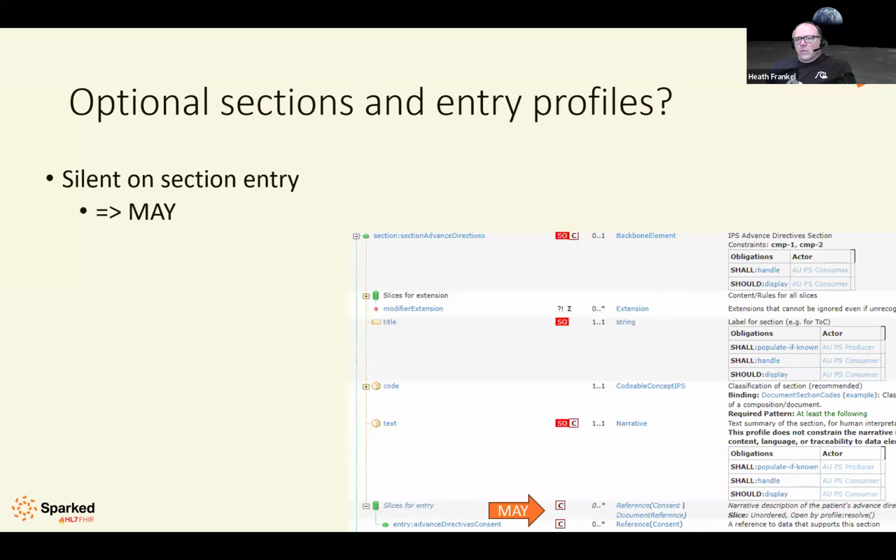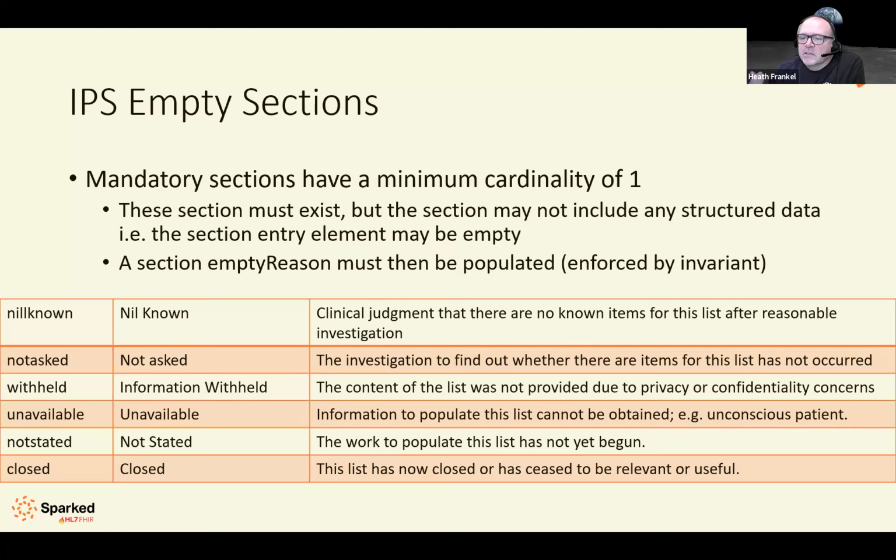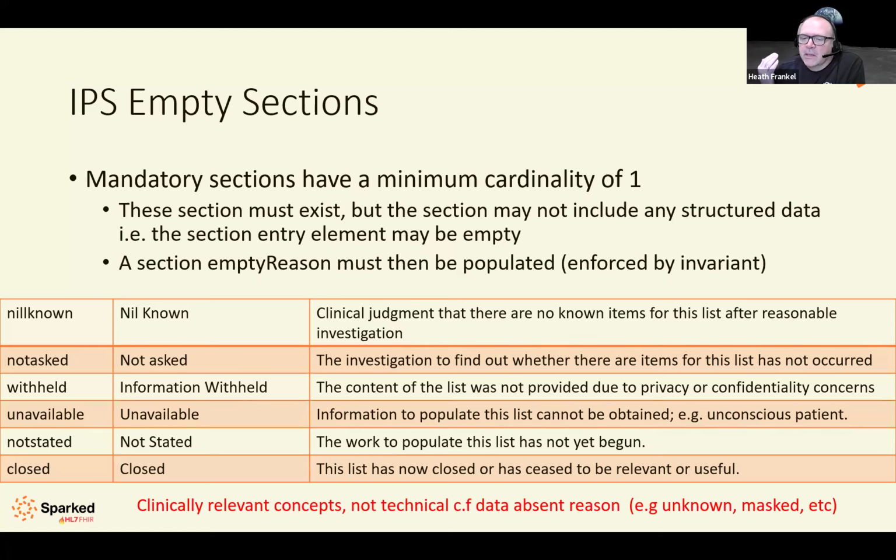Is that all right? So obviously for mandatory sections, with the minimum cardinality, you've got to either have entries or an empty reason. As far as not applicable is concerned, this is the full list of empty reasons: nil known, not asked, withheld, unavailable, not stated, closed.